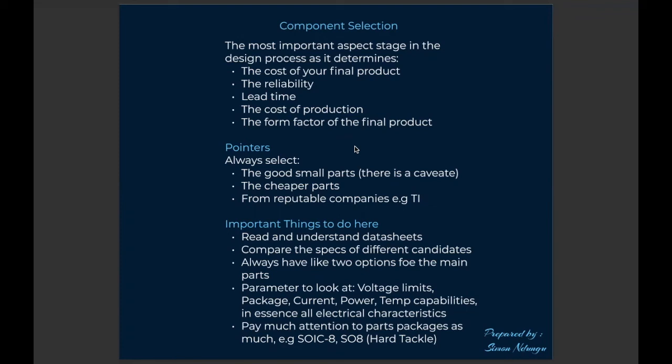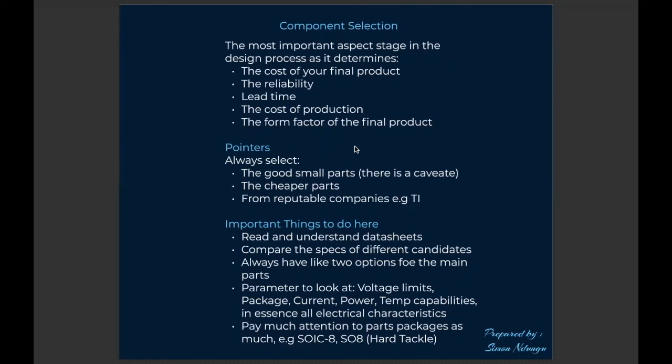So what are the important things to do here? At this stage, you should read and understand datasheets thoroughly. I did talk about datasheets, and I'll keep on talking about datasheets throughout the course. They're very important. Then you compare the specs of different candidates.